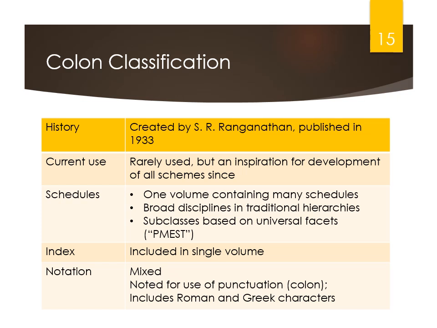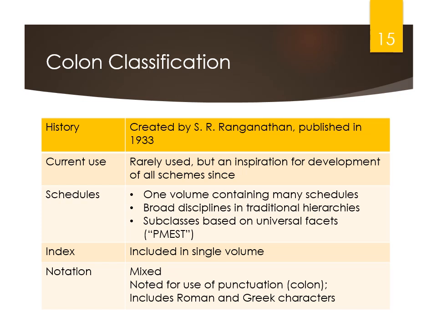Each class is broken down into its basic elements based on specific class characteristics called facets. This is rarely used currently, but it served as an inspiration for the development of all schemes since then.